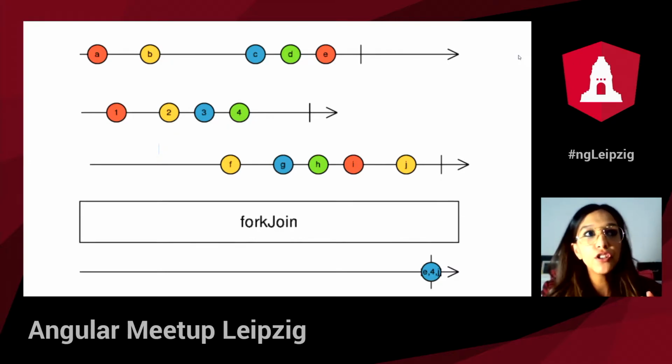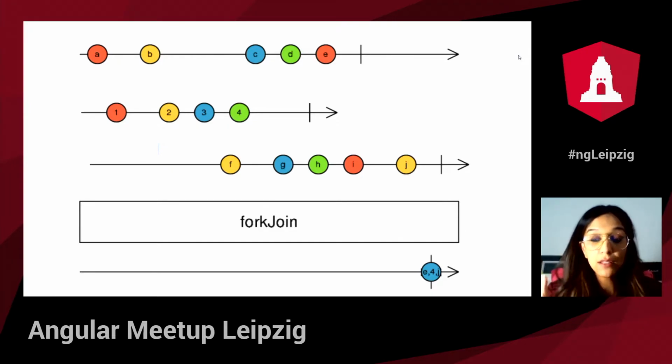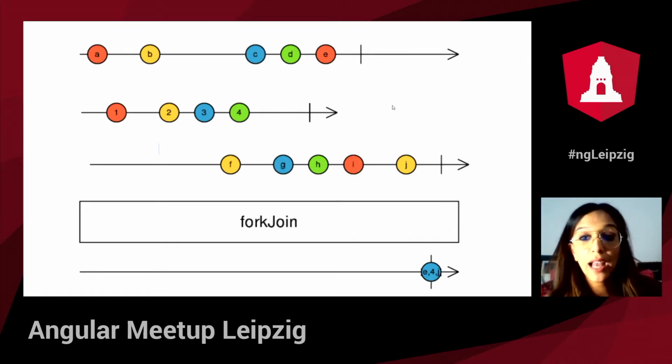Because forkJoin, I call it severe, only emits one time when all the streams complete. So it waits for all the streams to complete. It emits one time the last value of each observable, of each stream, and then completes the stream. For this case here we have 3 streams.